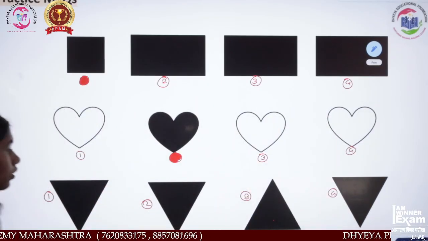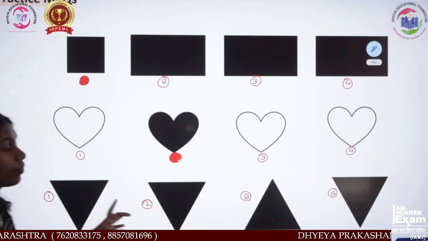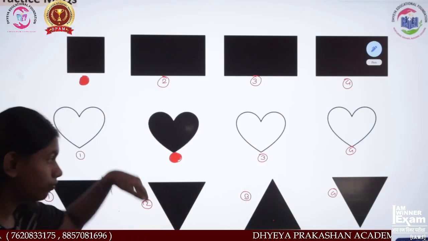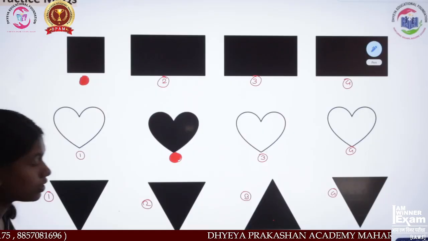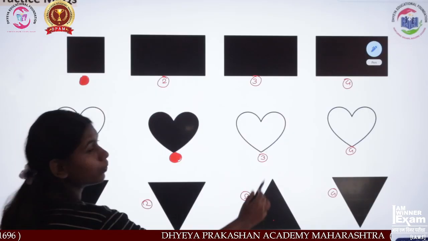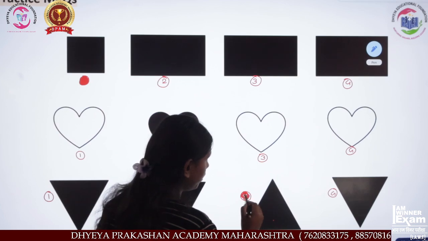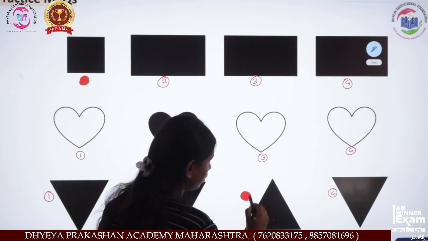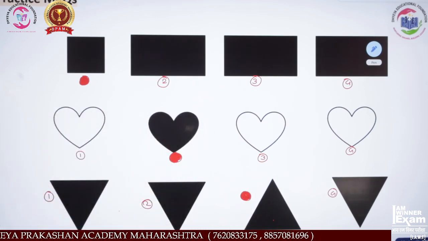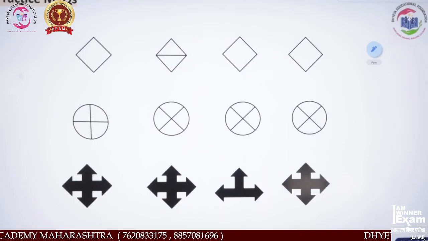Because all the remaining triangles face downwards, but the third one faces upwards. So the correct option will be option number 3.